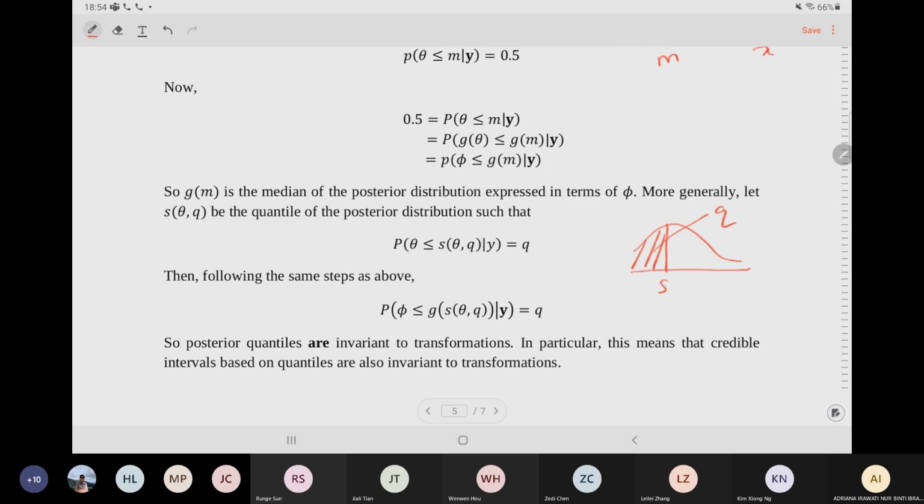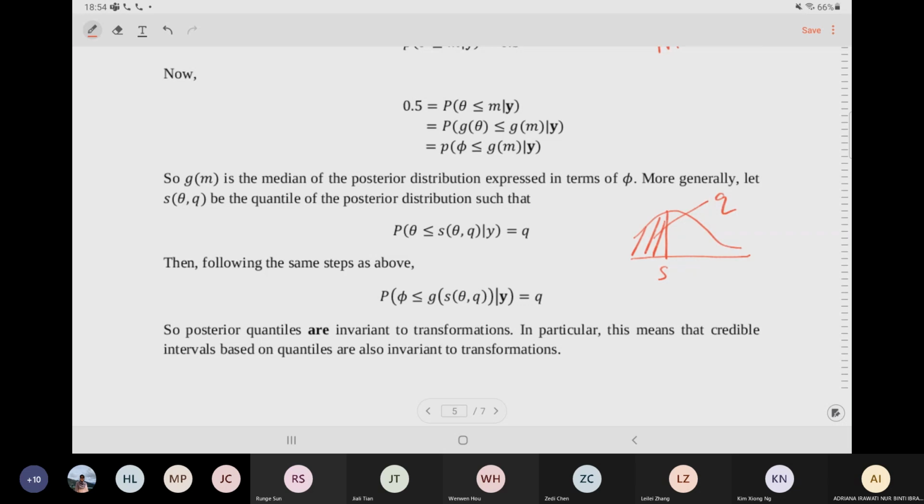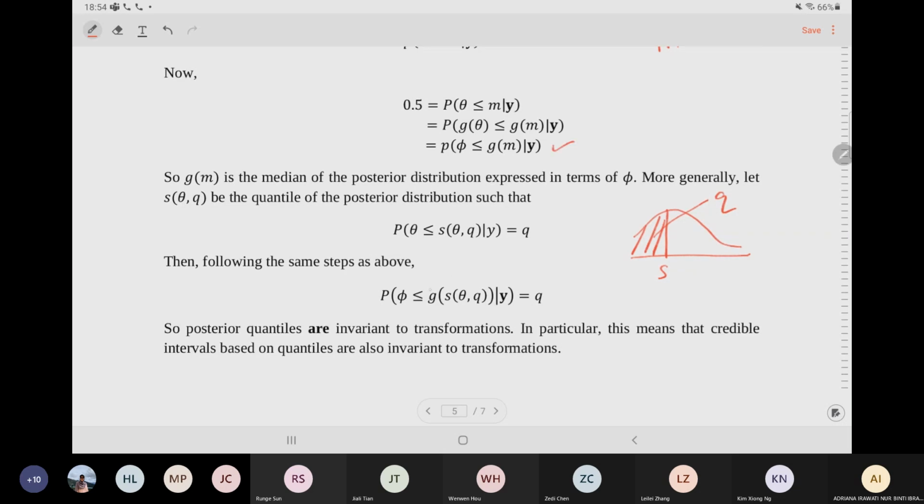So s is my quantile. Quantile is like a percentile, like quantile 0.5, 0.3, 0.1. It doesn't have to be 0.5; it can be anything between 0 and 1. Okay, so if you use the same steps as at the top, we can show that the quantile of phi is just the function of the quantile of theta.